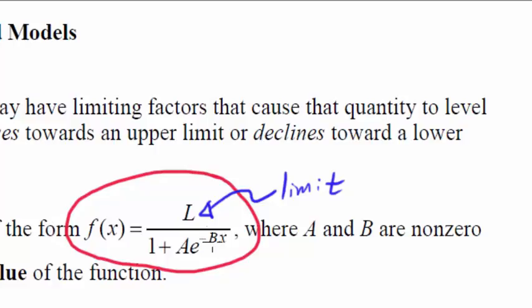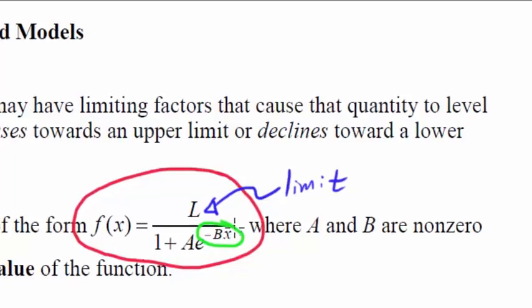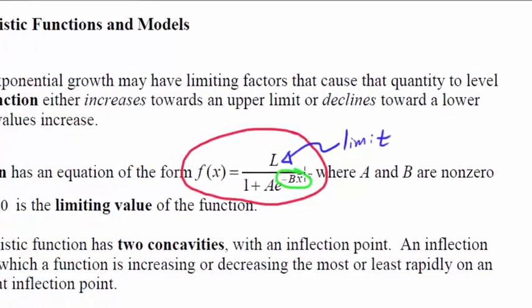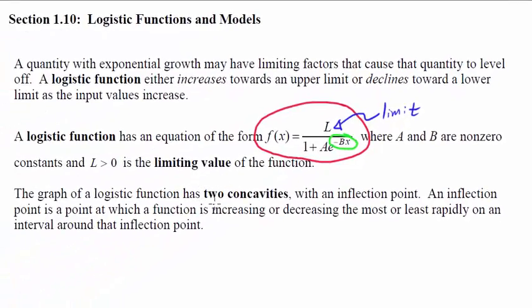The other thing that's tricky about this equation is that there is already a negative up here in the exponent. It's A e to the negative B x. So we have to remember that when we're picking off what our coefficient B is. As we just said, this is one of our 2 functions that's going to have 2 concavities, and if I change concavity, I'm going to have an inflection point.